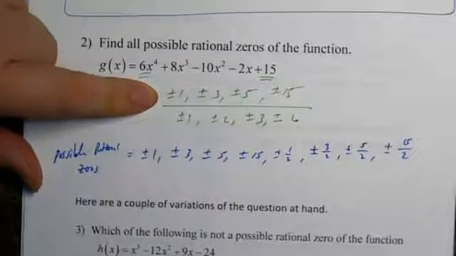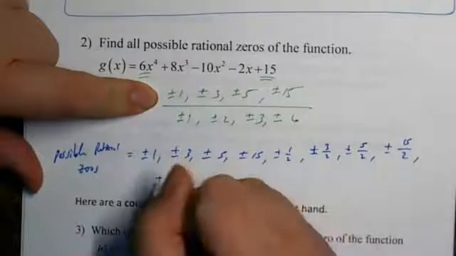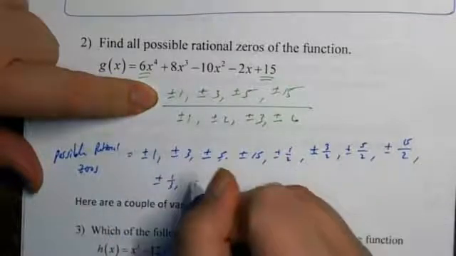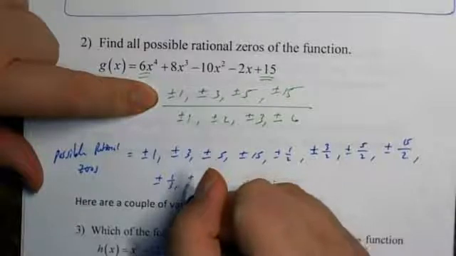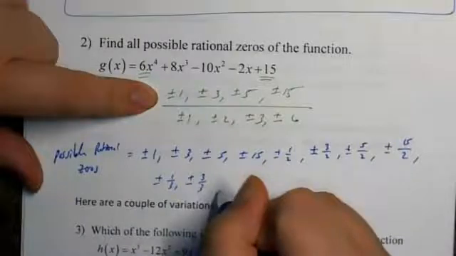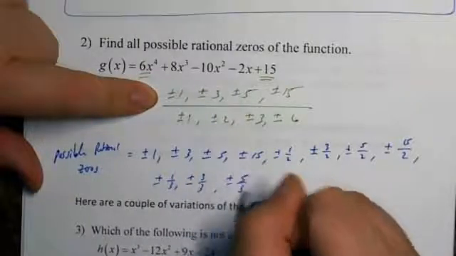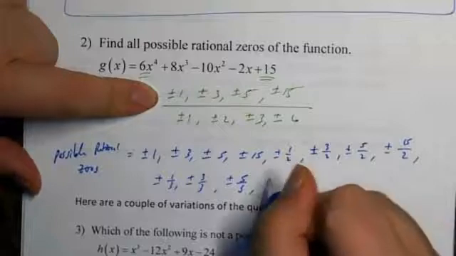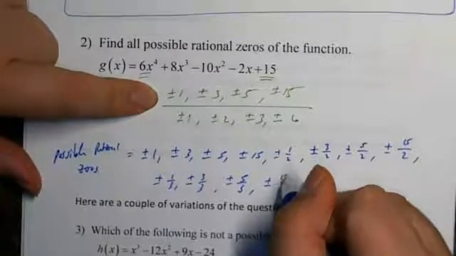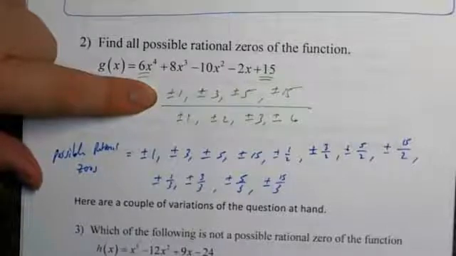Okay, now over 3, plus or minus 1/3, plus or minus 3/3. I'll go ahead and put that right now. Plus or minus 5/3, plus or minus 15/3. Now let me stop here for a moment. We still need to get to the 6, but we'll get to that in a second.